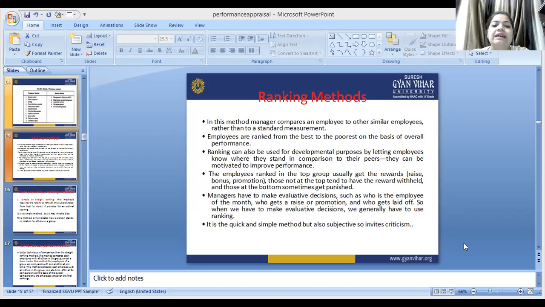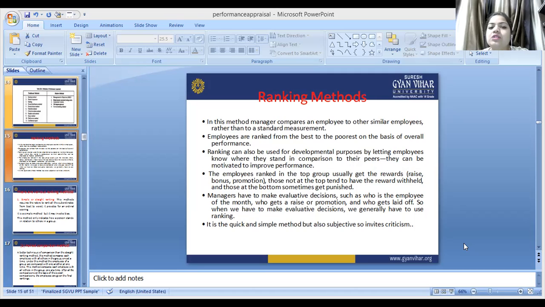Ranking can also be used for development purposes by letting employees know where they stand in comparison to their peers. When we talk about comparison, it creates enthusiasm to do work and also develops skills for doing a particular task. Every employee has a right to know where they stand in their organization.